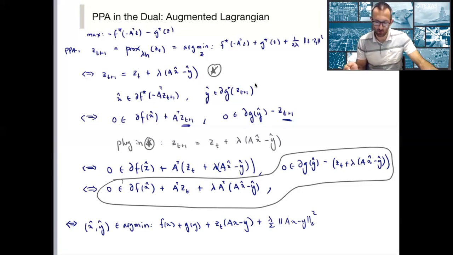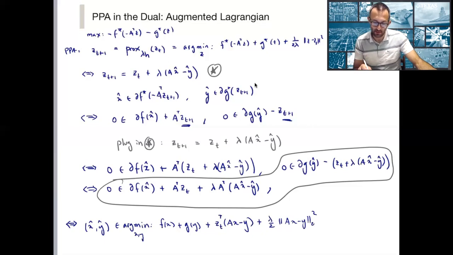Let me talk this through to make sure it's clear. We have this minimization problem over x and y, and x hat and y hat are optimal if 0 is in the subdifferential, and you can see what's going to happen. The derivative with respect to x gives us the subdifferential of f, g goes away, plus z transpose A left over, which is A transpose z.